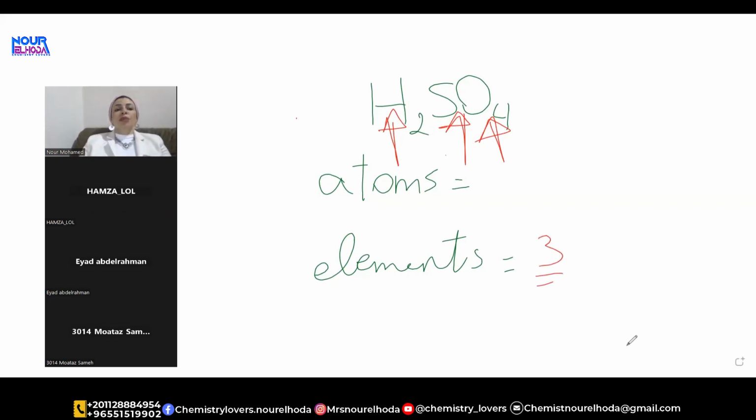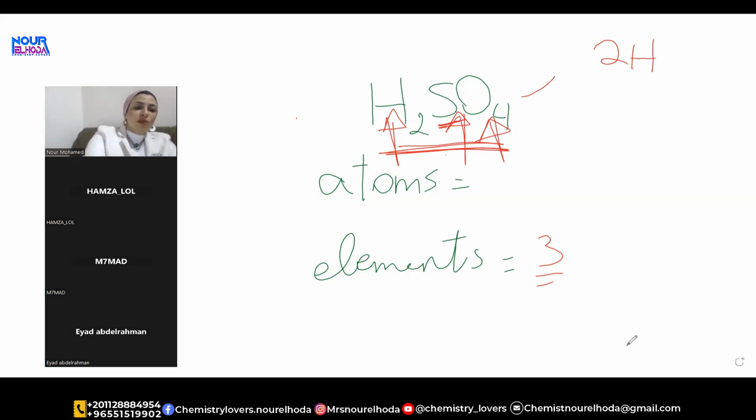What about the atoms? If I need to count how many atoms, what should I do? We need to count the different amount of atoms of each one of them. Perfect, that's true. I'm going to take the total amount. Here, how many hydrogen do I have? I will write 2 hydrogen. How many sulfur? There is no number, so there is only 1 sulfur, and there are 4 oxygen.